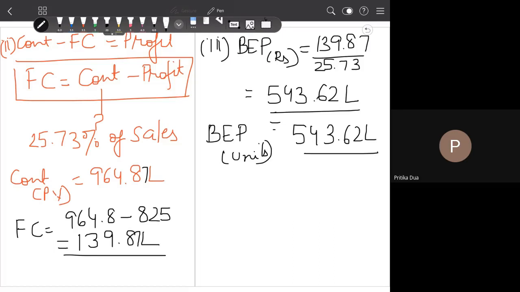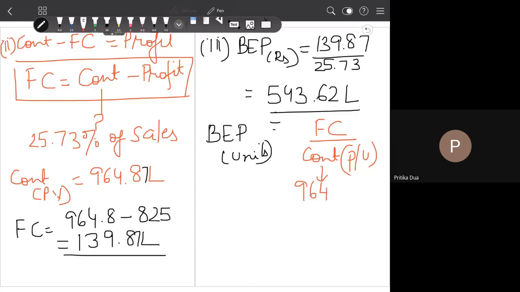So I'm writing both the options. You can check whether you're getting the same answer. One is fixed cost divided by contribution per unit, which you can calculate. Contribution per unit for the previous year will be 964.875 divided by 15,000.